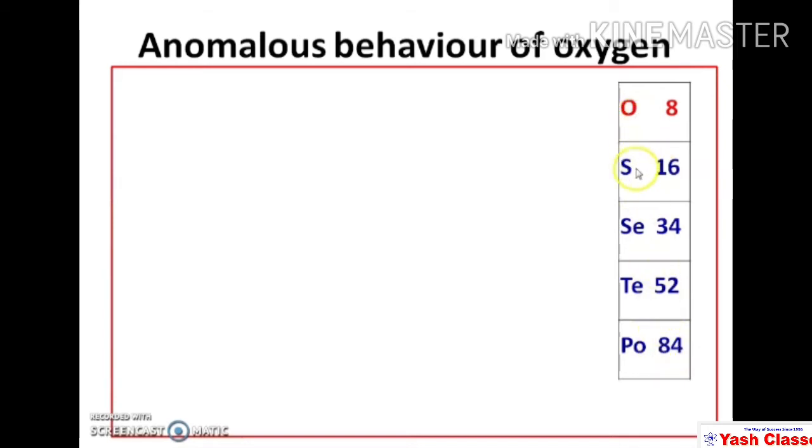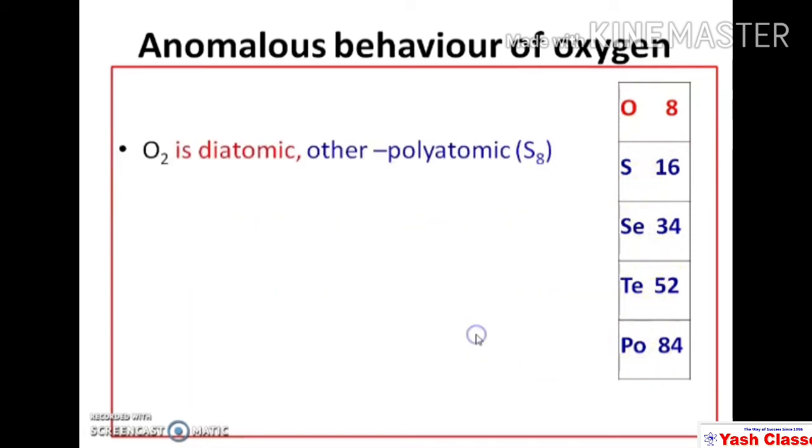For example, oxygen, sulfur, selenium, tellurium and polonium are expected to have the same properties. But unexpectedly, oxygen shows different properties than the rest of the elements, that is sulfur, selenium, tellurium and polonium.